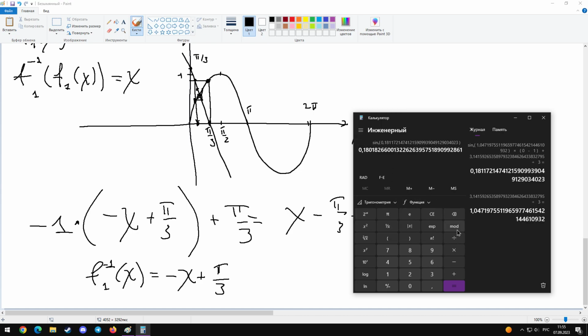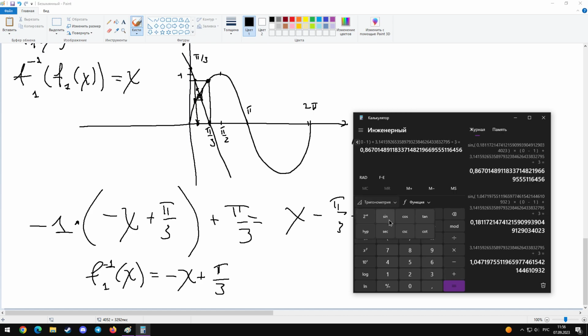I take a sine of this value, and again I multiply by -1 and add pi over 3.